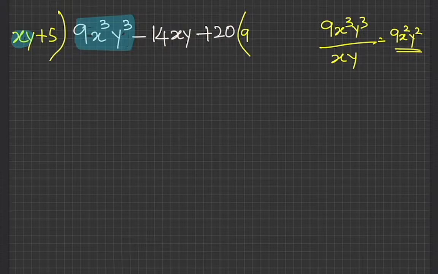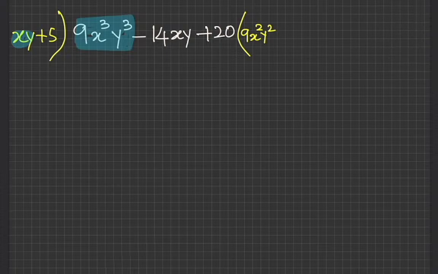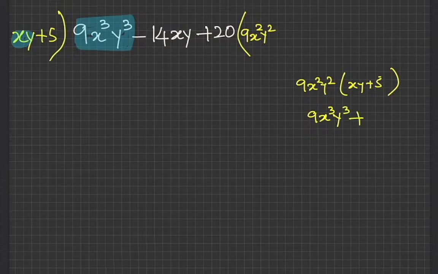So when I multiply 9x squared y squared by xy plus 5, I get 9x cubed y cubed plus 45x squared y squared.